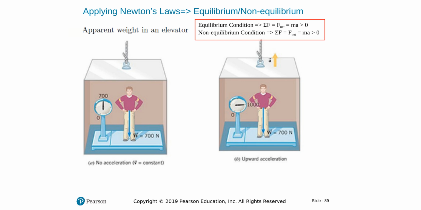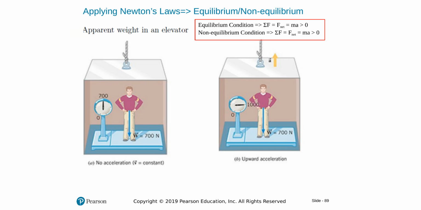We have looked at several questions about the elevators, but I want to still review this. This is quite confusing, I understand that, but if you apply F net is equal ma, find your direction of acceleration, take that as positive, apply F net equal ma, you will never make any errors with the elevator questions.